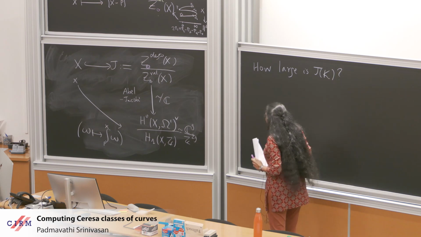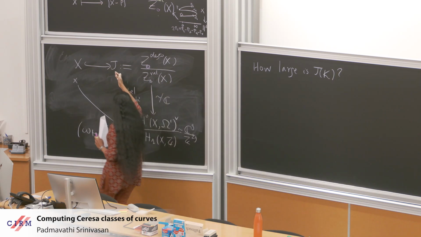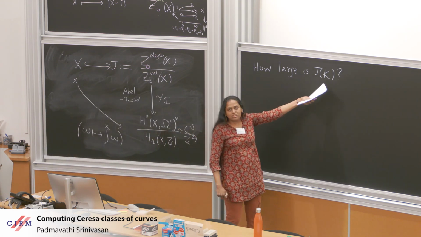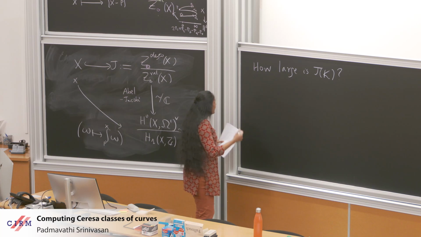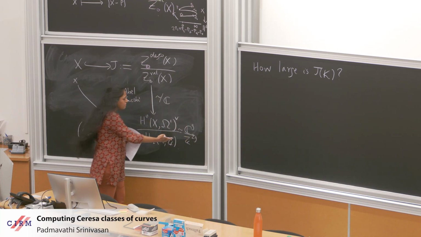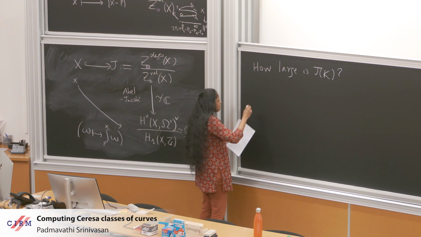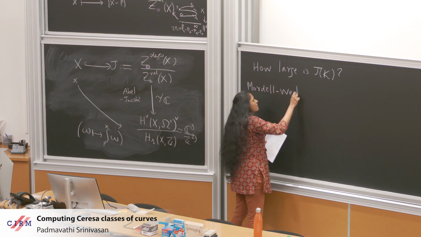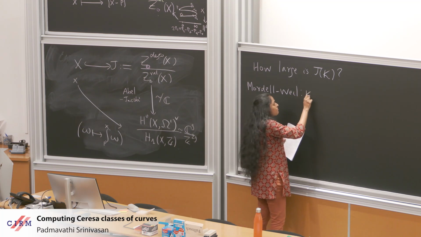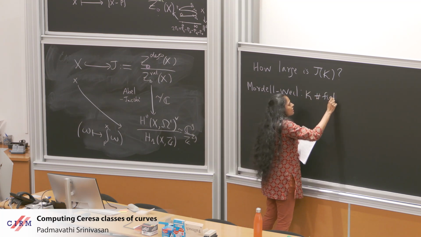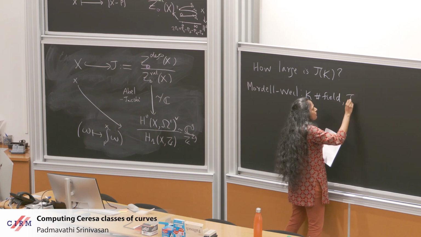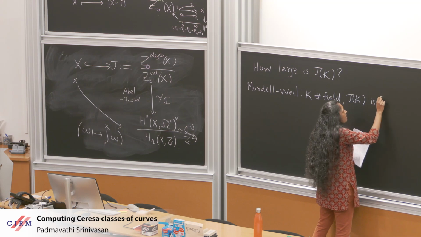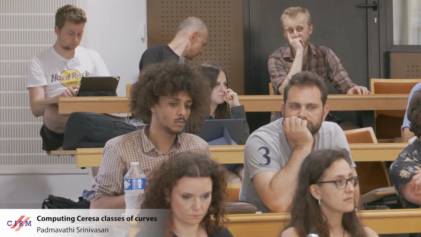So how large is J, the g-dimensional group variety? If we ask how large J of K is, of course, this depends on the field K. If K is C, for instance, this is a really large group, an infinitely generated group, but the Mordell-Weil theorem tells us that if K is a number field, if you're over a small field, J of K, the set of rational points on an abelian variety defined over a number field, is finitely generated.